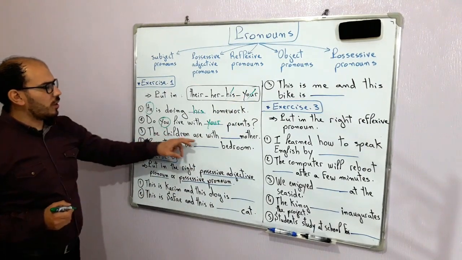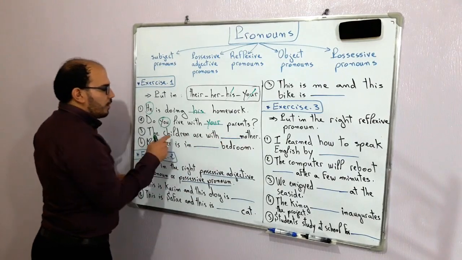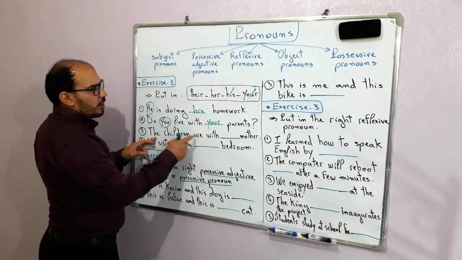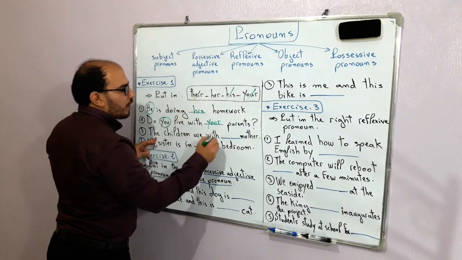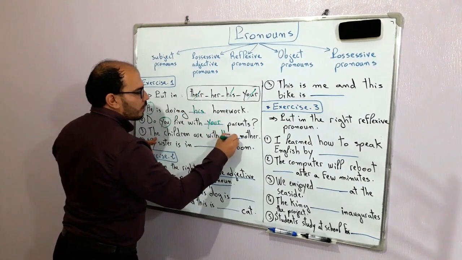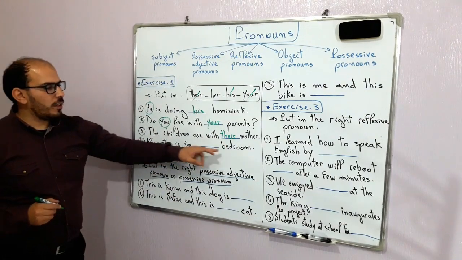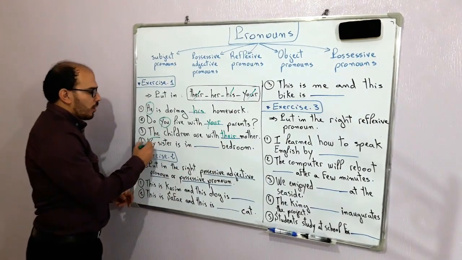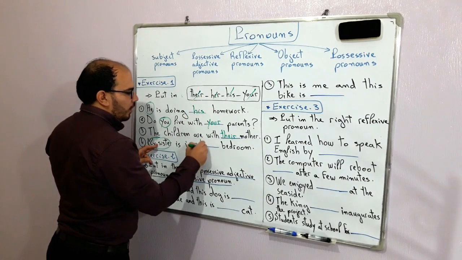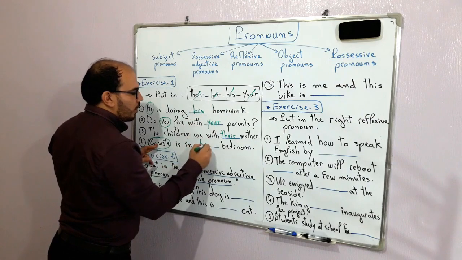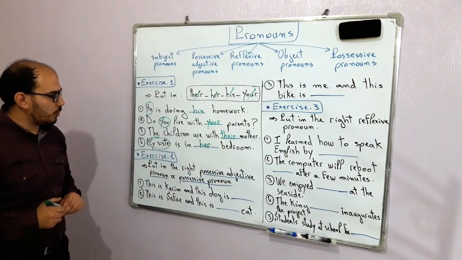Next, the children are with mother. This is the mother of the children, and children is plural, so the children are with their mother. My sister is in bedroom. I'm talking about my sister, so it is she, her, so we have to put her bedroom.